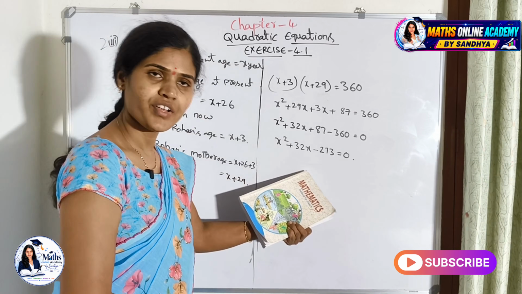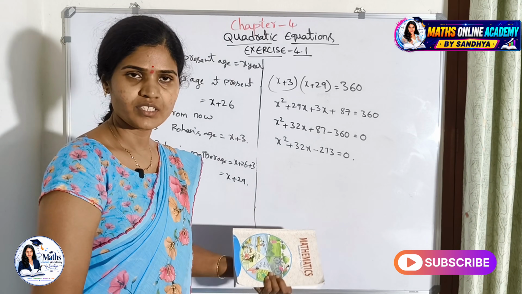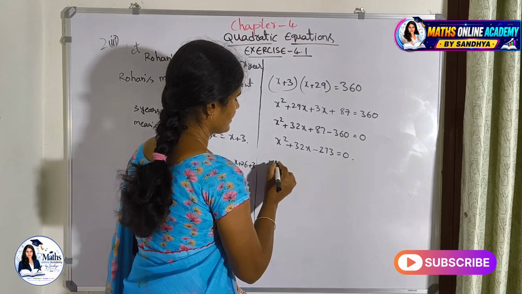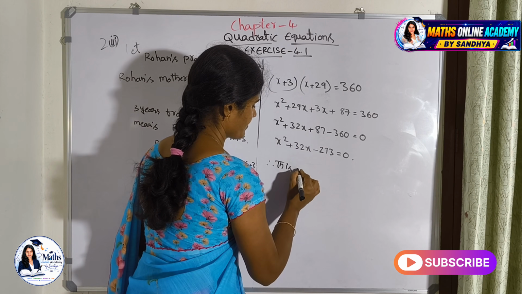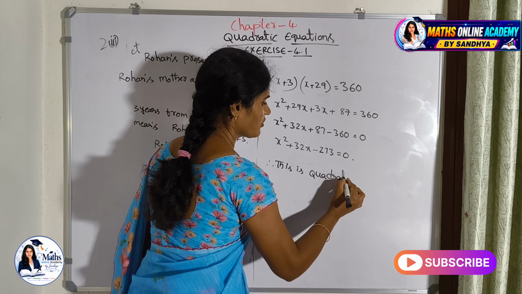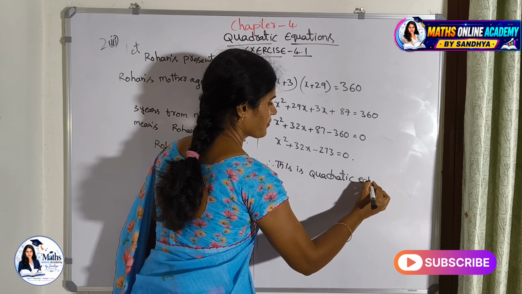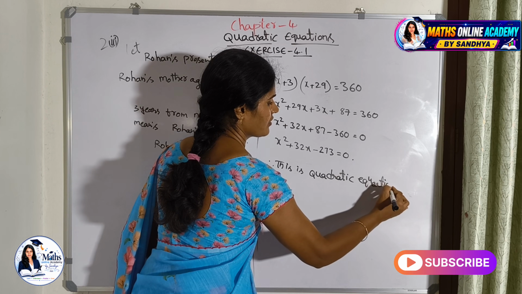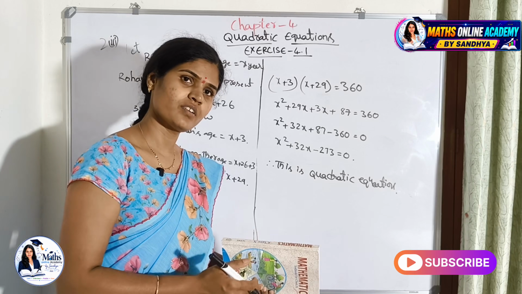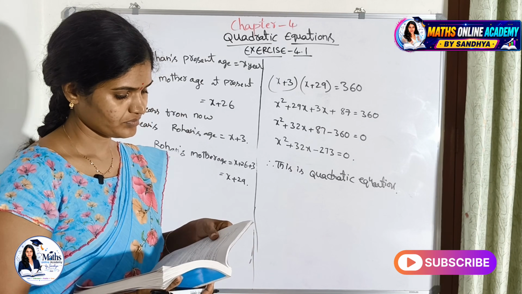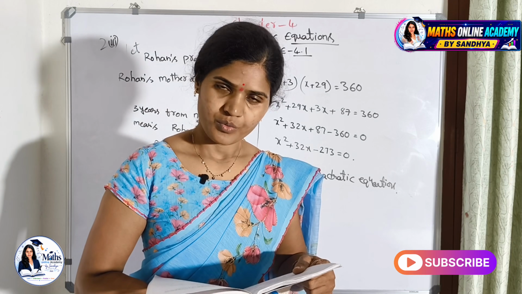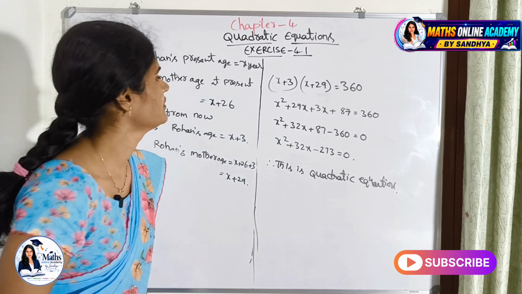Okay, this is the quadratic equation. By using this quadratic equation, we can find the present age of Rohan and the present age of Rohan's mother.